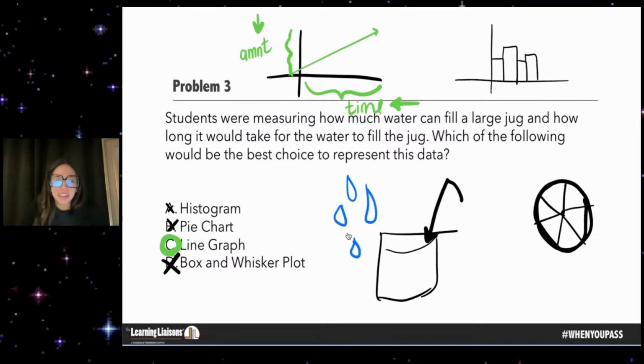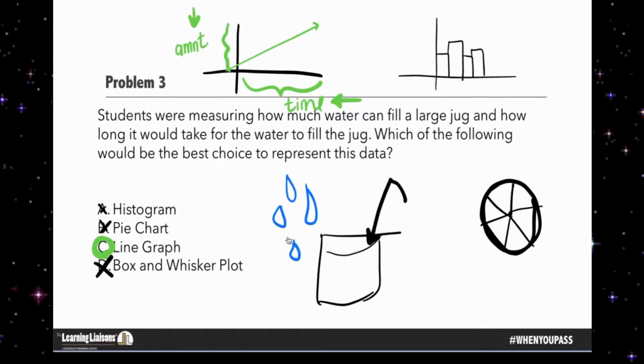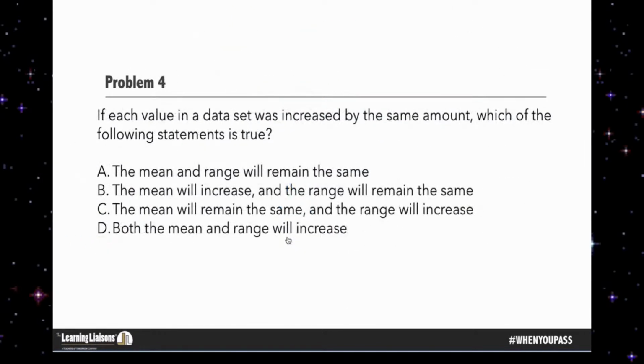All right. Let's go ahead and move on to problem number 4. If each value in a data set was increased by the same amount, which of the following statements is true?